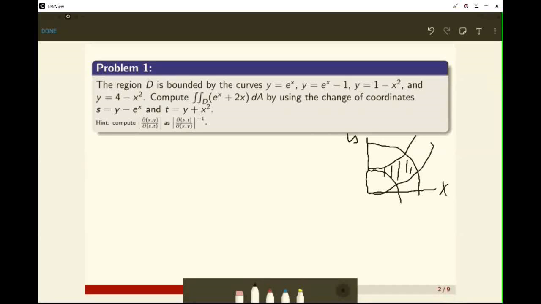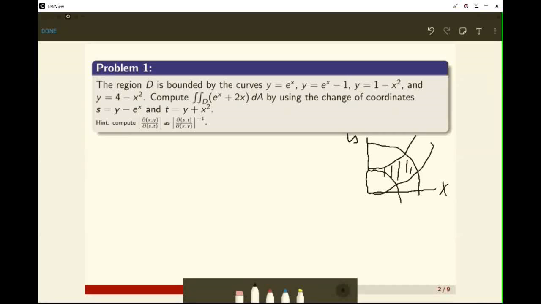And here we want to use these new coordinates that are suggested by our bounds, s equals y minus e to the x, and t equals y plus x squared, and this might be a good idea because our bounds are then s from negative 1 to 0 and t from 1 to 4.